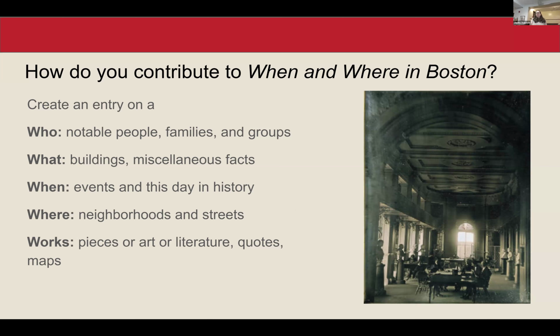There could be buildings, like when was the Howard Athenaeum built and when did it burn down? When events in this day in history, so when was the Boston Massacre? When was there a No Kings protest? All of those kinds of things are specific events tied to a date.